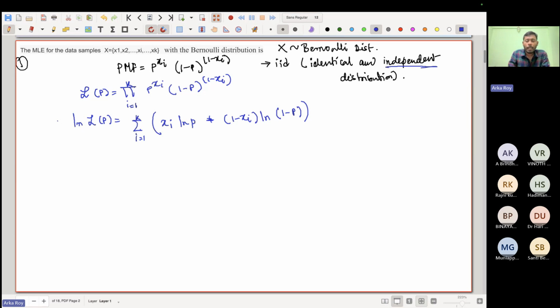Now we have to maximize this likelihood function, so we take differentiation with respect to the parameter of this distribution, which is the variable p. So we take the derivative with respect to p of ln L of p.